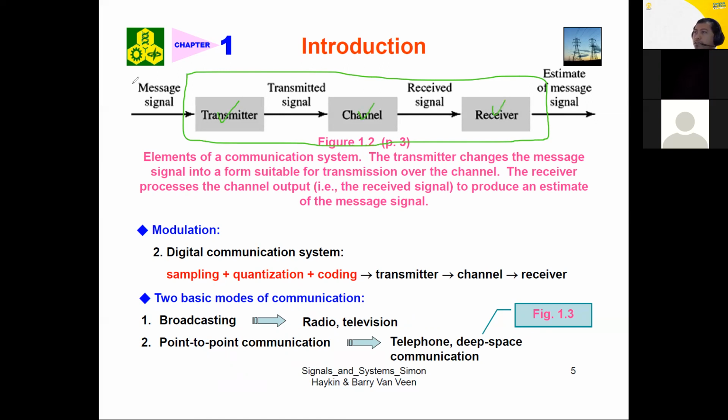The input is the message signal given to the system, and the output is the reconstructed message signal. You can see the communication system is broken down into several subsystems: the transmitter, channel, and receiver.